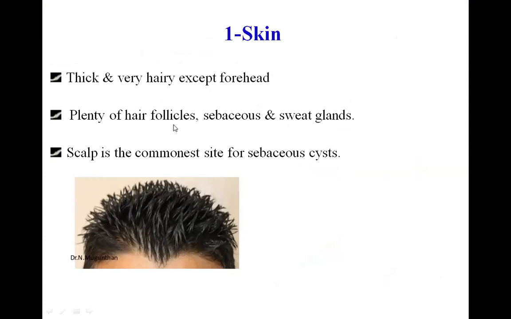Plenty of hair follicles, sebaceous glands, and sweat glands are present in the skin of the scalp. So the scalp is the commonest site for sebaceous cysts, and therefore sebaceous cysts are common in the scalp.